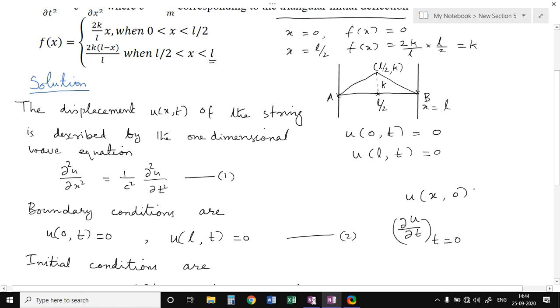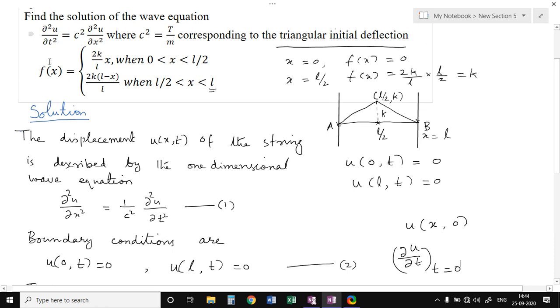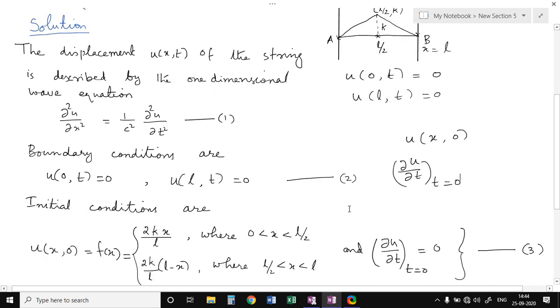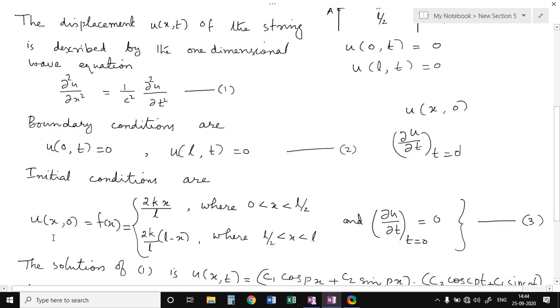This is the initial deflection and this is the initial velocity. In the question the initial deflection is given as f(x), and we understand that the initial velocity is 0. So the initial conditions are u(x,0) equal to f(x), given by this function, and the initial velocity is 0.